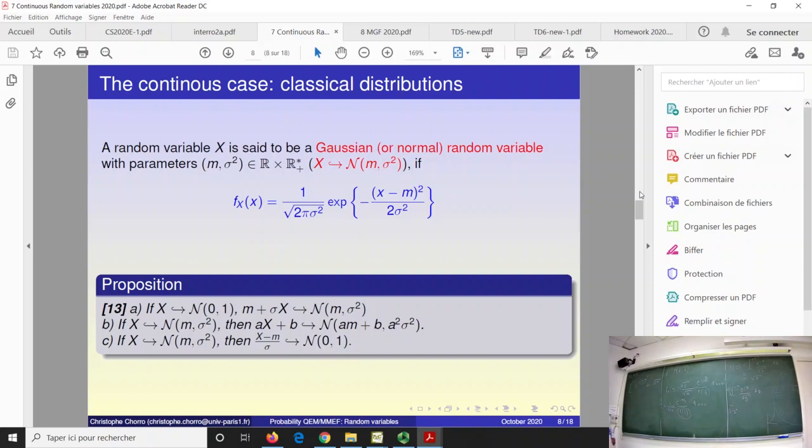Okay? So it's really a change of variable, a mapping that is bijective here. That is here, simply a continuous and strictly increasing mapping from R plus into R plus. Okay?